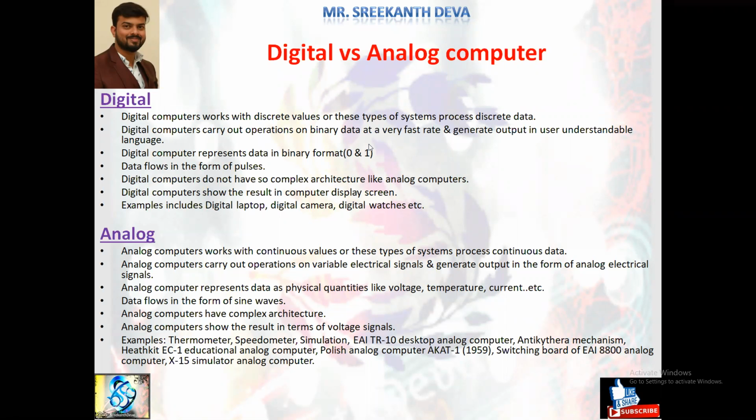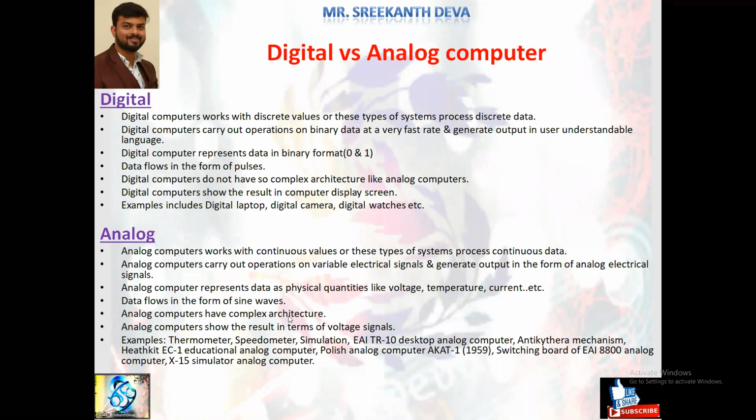Analog computers carry out operations on variable electrical signals, and generate output in the form of analog electrical signals. A digital computer always represents data in binary format, zeros and ones.